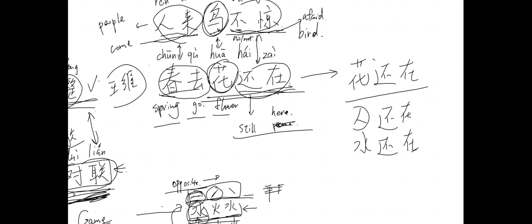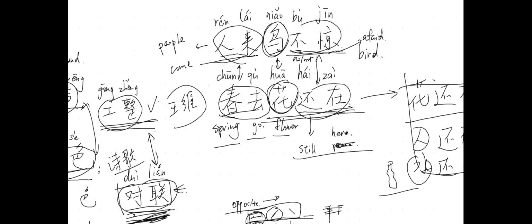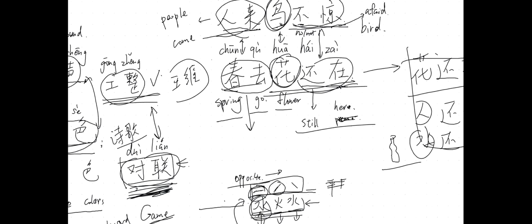The water, maybe a bottle of water, is still here. We still use these types of expressions, but like 春去, well, we now will say 春天过去了. It's actually shorter for 春去. It left these out. We now fill in to complete the sentence. It's more like that.